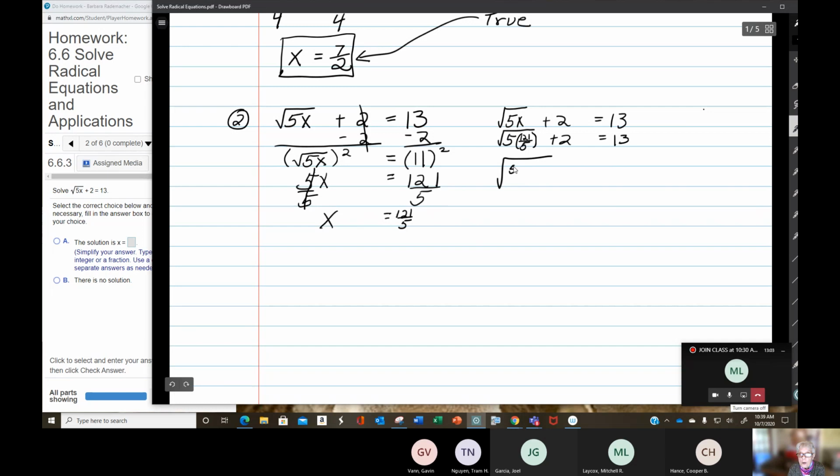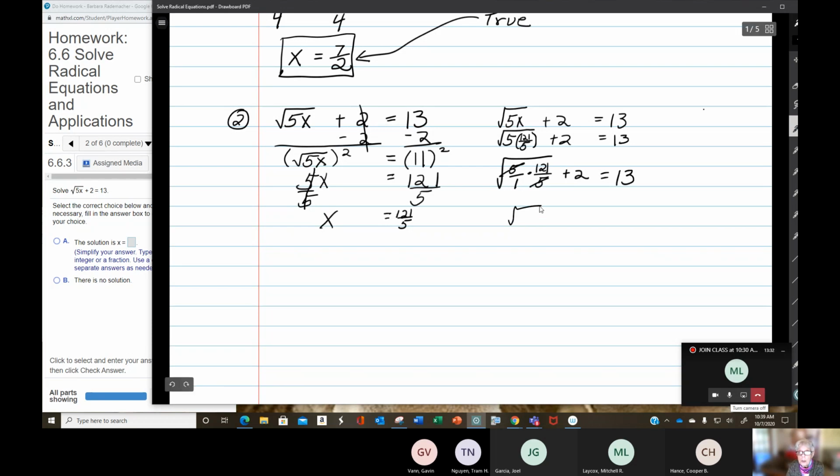This will be 5 over 1. I'm going to write 5 as a fraction because I'm multiplying it by a fraction, 121 over 5. All right, the 5's cancel, leaving me with just 121 over 1, which is 121.